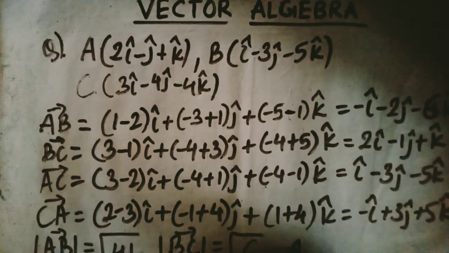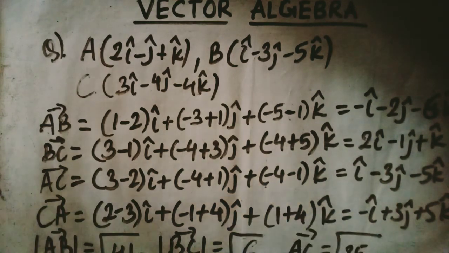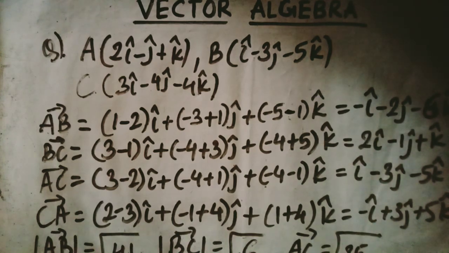Then AC, 1 plus 9, 10 plus 25, so 35. If I add AC and BC, 35 plus 6, you will get 41, right? So this is a right angle triangle.